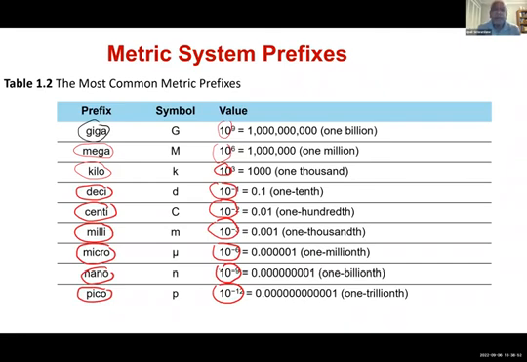If I ask giga, it is 10 to the 9. Deci is 10 to the -1. Centi is a hundredth, 10 to the -2. Milli is a 1000th of a unit. Micro is 10 to the negative 6. If you remember these, things become easier.